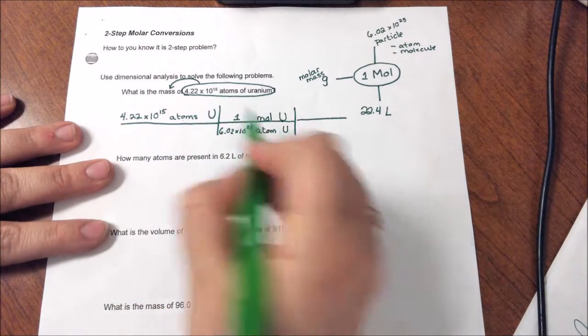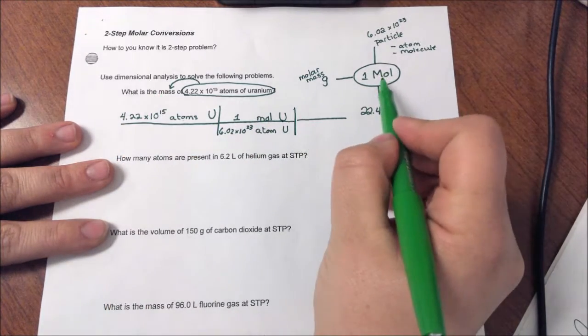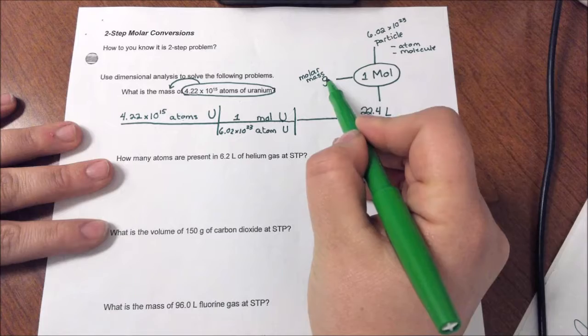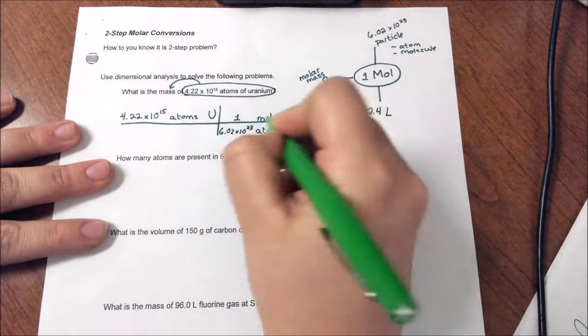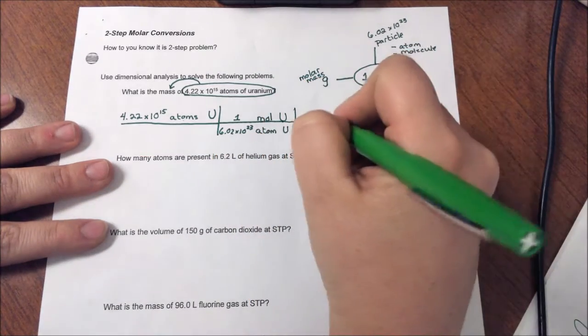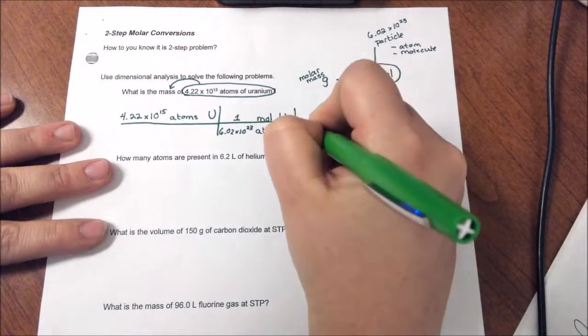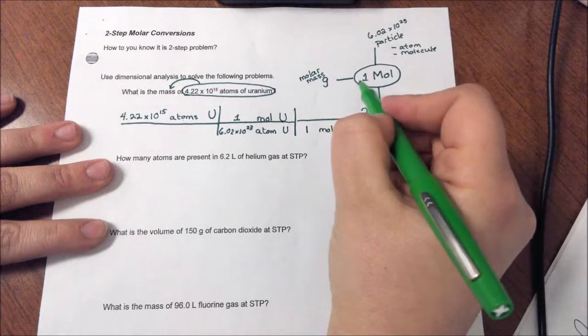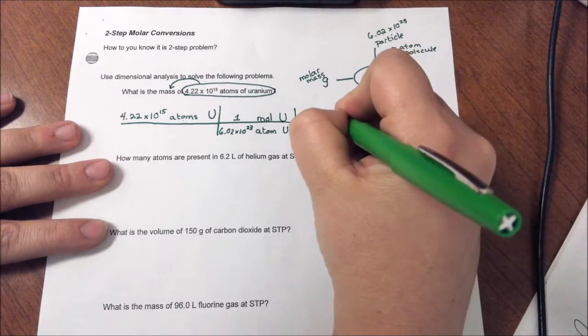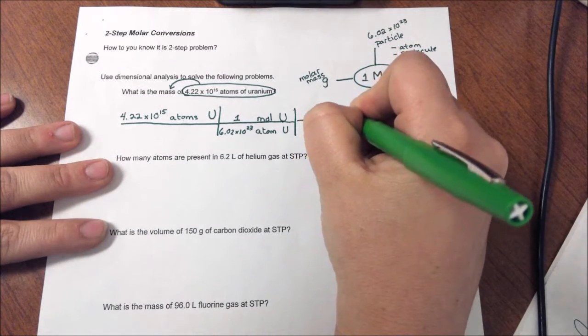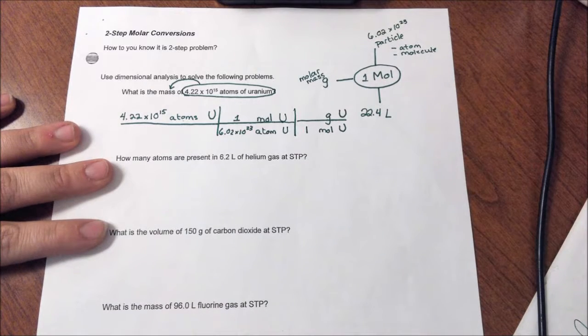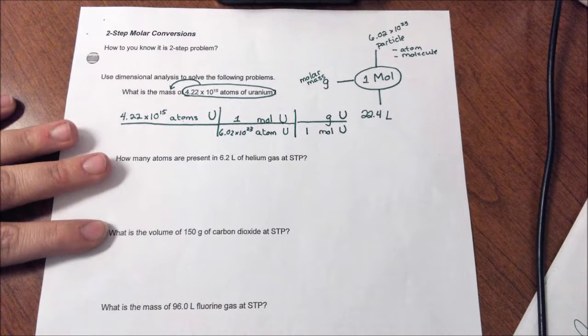So I'm going to go to mass. So now I need a step going mole to mass. So I'm going to bring mole down, because whatever's upstairs comes downstairs. So mole of U, and 1 mole of U. And I'm going to mass, where my unit is gram of U. Now this is where I need my periodic table.